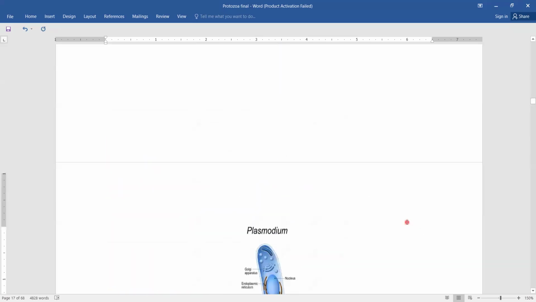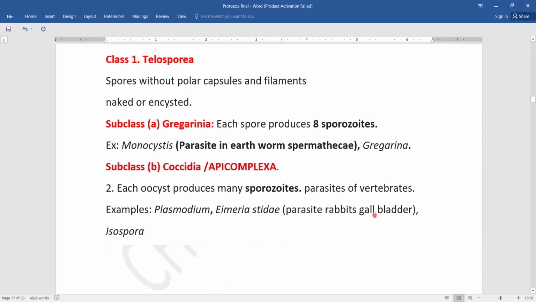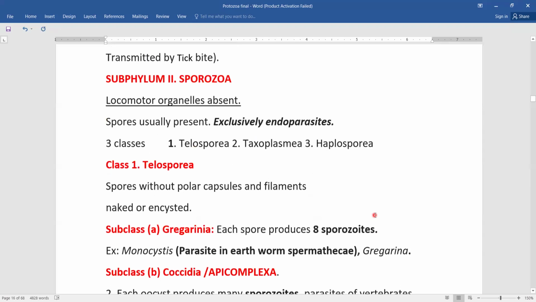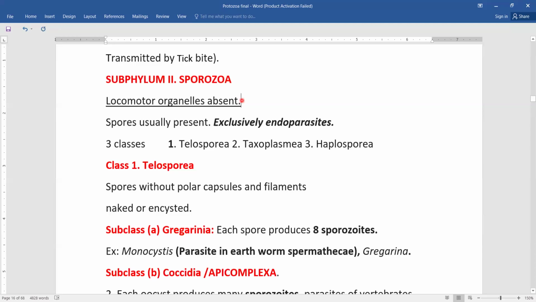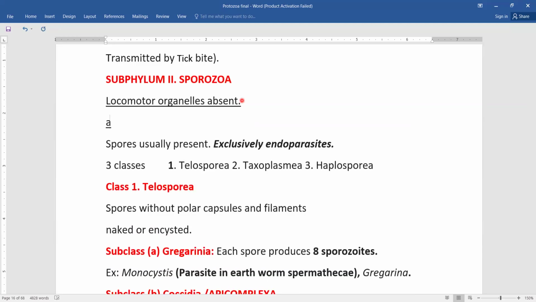And then the second subphylum, this is very important because these animals do not contain locomotor organs and all are parasites.